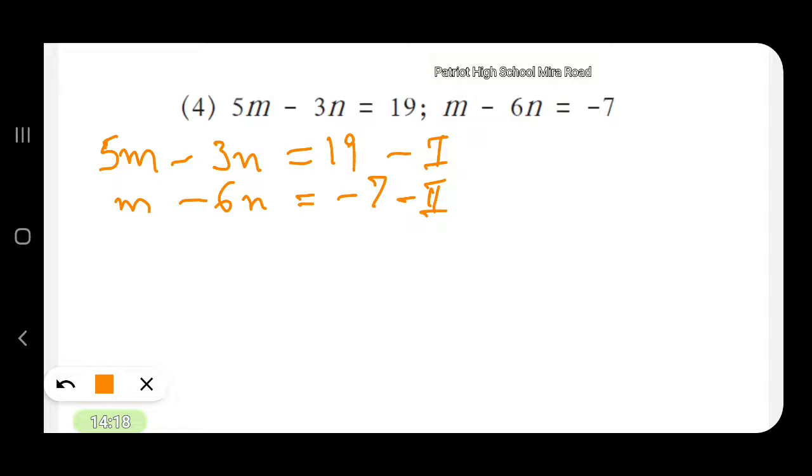Now we see that we can make the terms in m equal by multiplying equation 2 by 5, or we can multiply equation number 1 by 2, so that we get the term in n equal. So let us go for multiplying equation number 1.